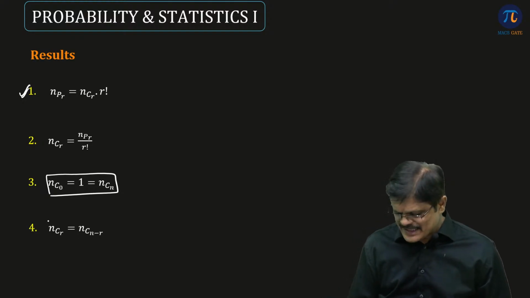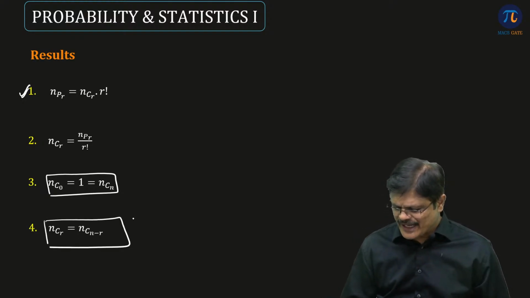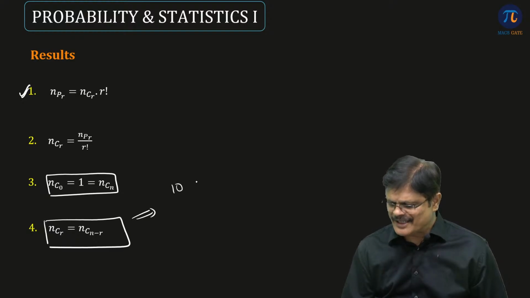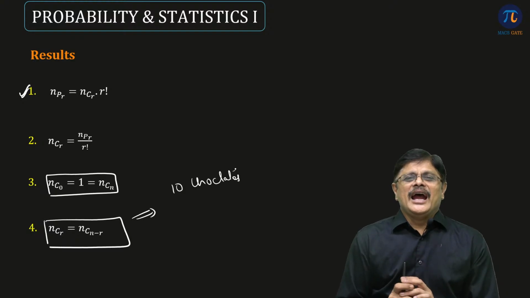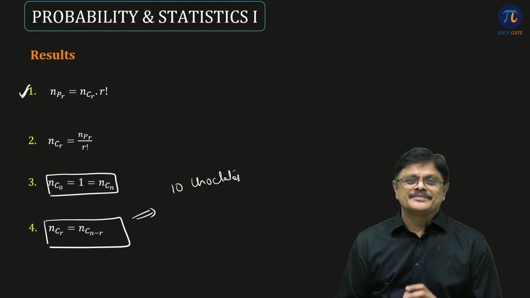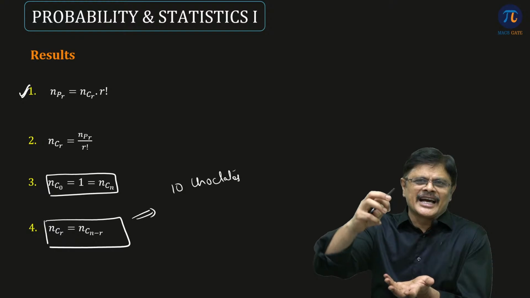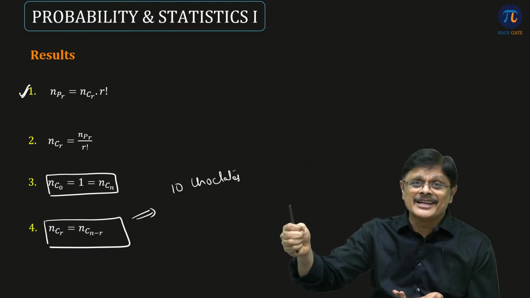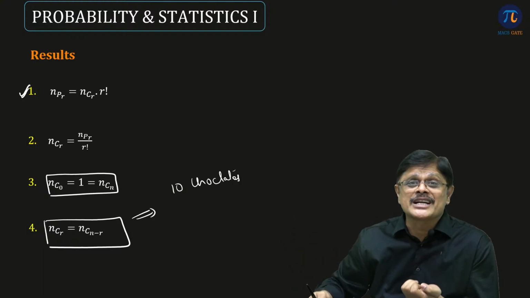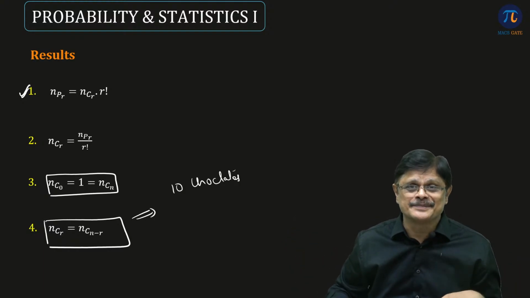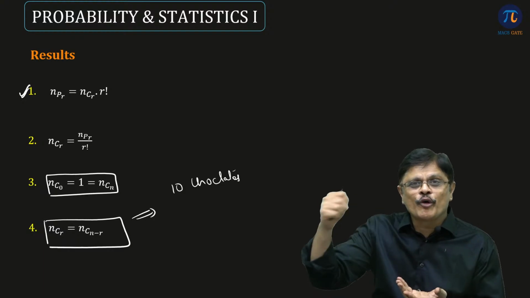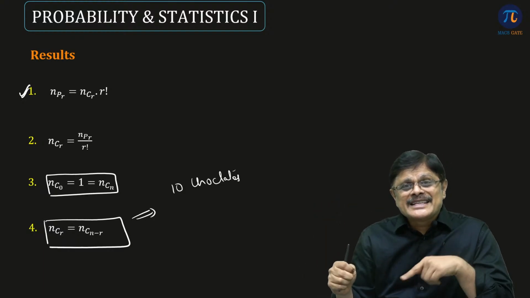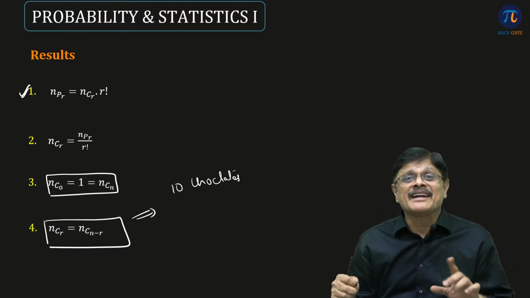nCr is equal to nC(n minus r). For this, we have one very good reasoning. Suppose I have 10 chocolates and I ask you to select 4 chocolates. When you select 4, automatically the remaining 6 are selected for rejection.